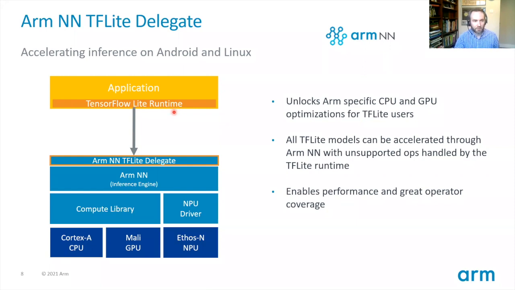Based on this information, the TensorFlow Lite runtime partitions the graph appropriately, and it pushes the graphs that can be accelerated through the ARM software stack down through ArmNN, and the parts which can't be accelerated, it pushes through the TFLite CPU reference implementation for the Cortex-A CPU.